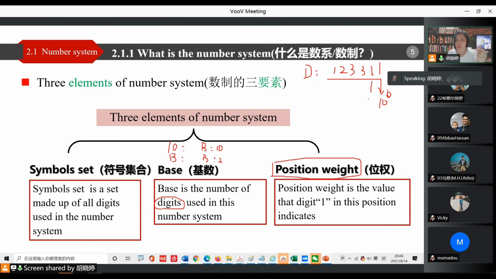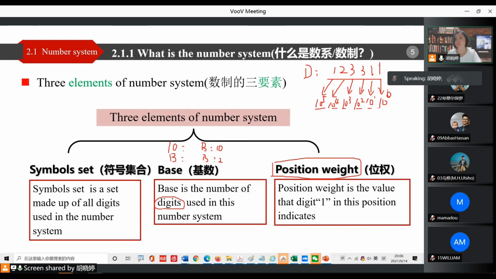The next, its weight will be 10 power of 1. The third will be 10 power of 2, then 10 power of 3, and 10 power of 4. That number is called the position weight for each digit.